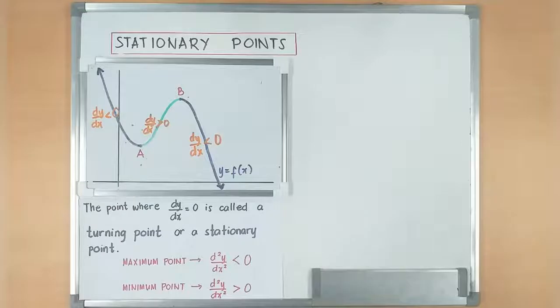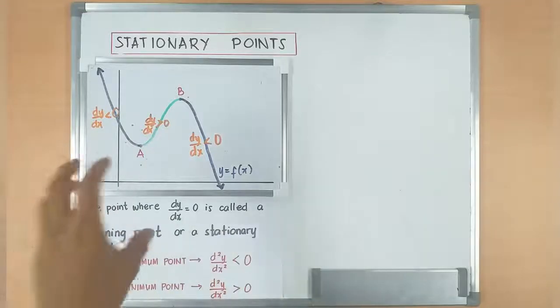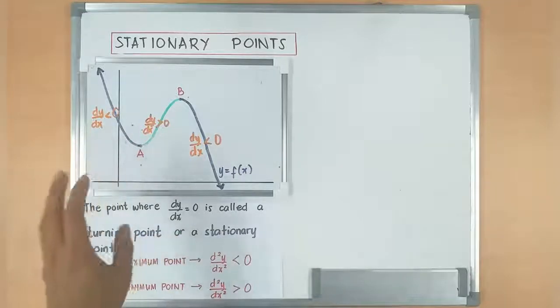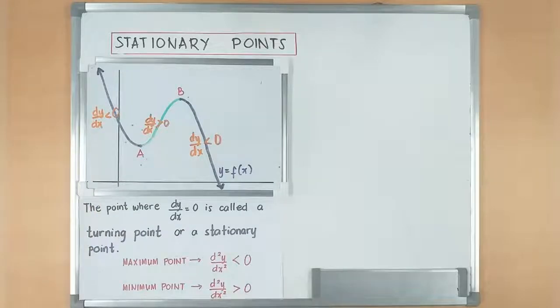Before you come into this lesson and watch this video, please click the link below in the description box. Try to analyze first what we really mean by dy over dx and d squared y over dx squared, the first derivative and the second derivative.